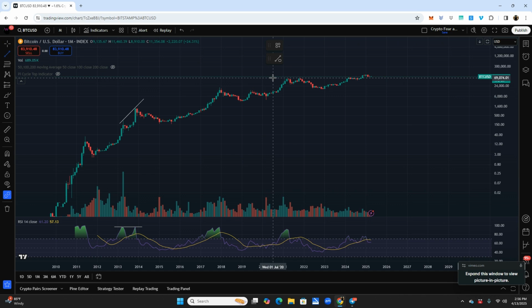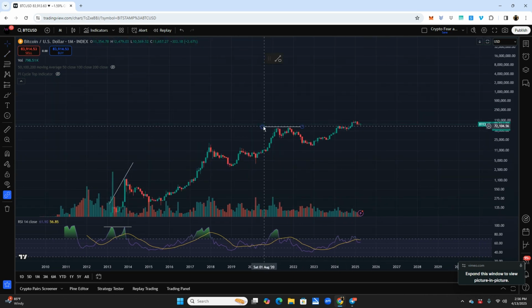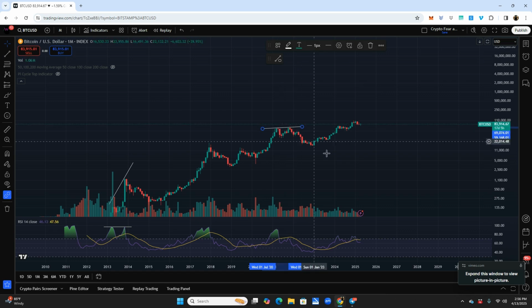So the price is going up, so this is tilted up while the RSI is going down, so you're making a lower high while the price is making a higher high. You also have bearish divergence here on the monthly, so that's not a good sign. So you notice that there's some kind of problem here early on.